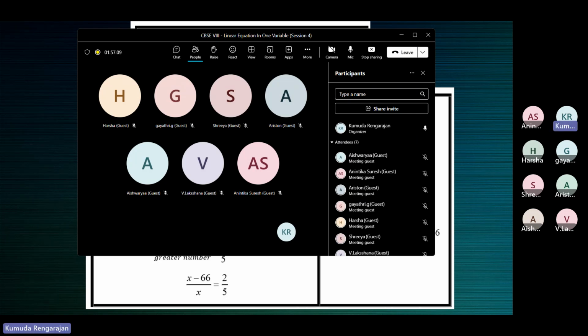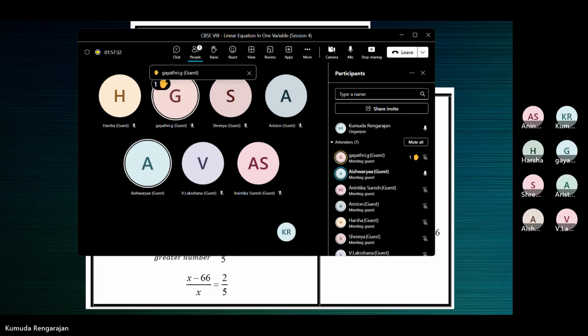Is 8 to 10 fine? It will not be tomorrow. Friday or Saturday, 8 to 10 in the morning. All of you okay? Evening is the only problem, but morning is fine. What about Lakshana? Excuse me, ma'am, this is Aishwarya. I don't think I can confirm whether I can come on Friday or Saturday because we're traveling.